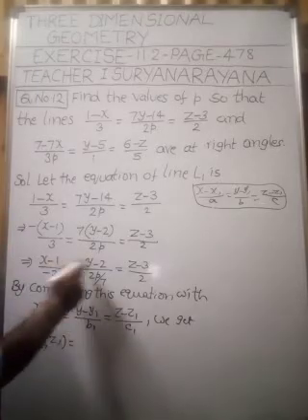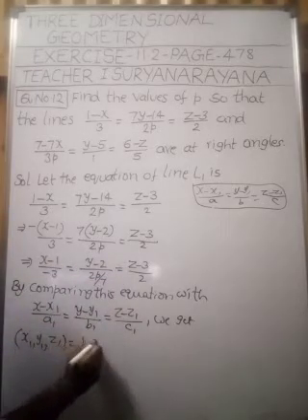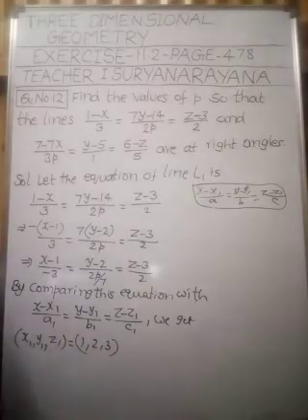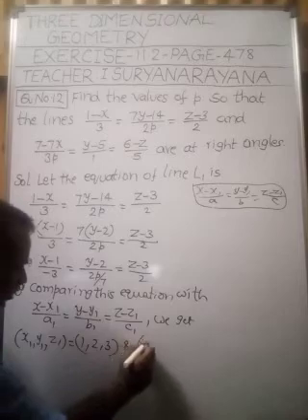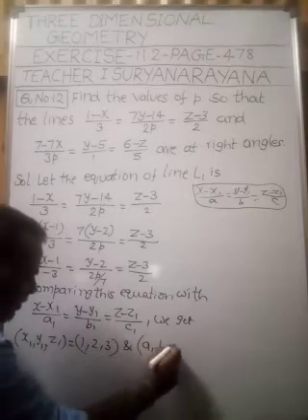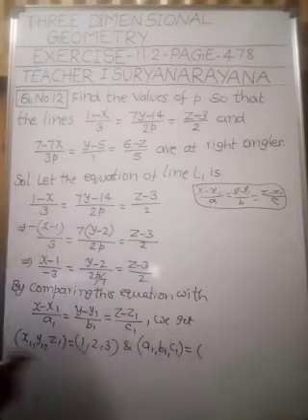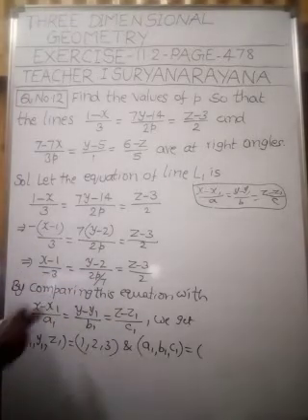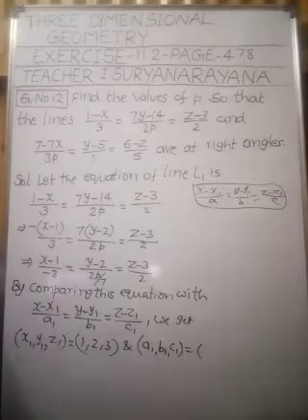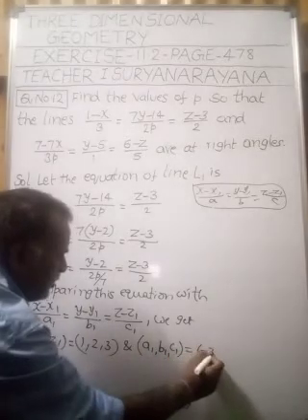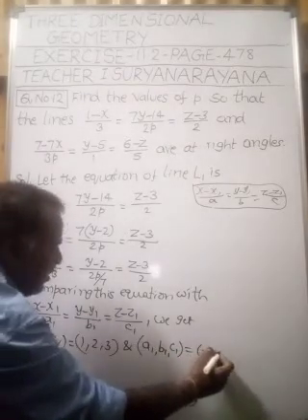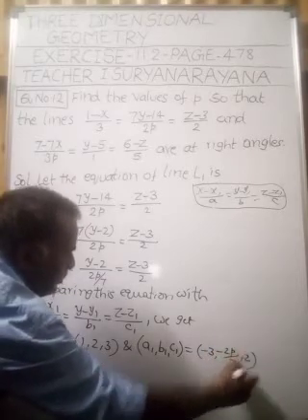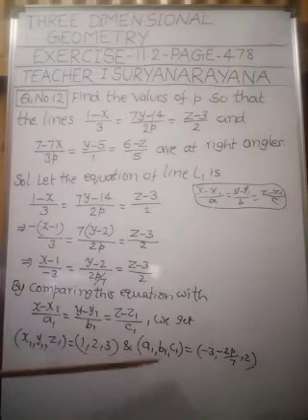What are x1, y1, z1? 1, 2, 3. Understood this step, my children? And the ordered triplet (a1, b1, c1) is equal to, previously I told you the denominators are said to be a, b, c, the direction ratios of the vector, or direction ratios of the line: minus 3, minus 2p by 7, 2. Understood this step, my children?